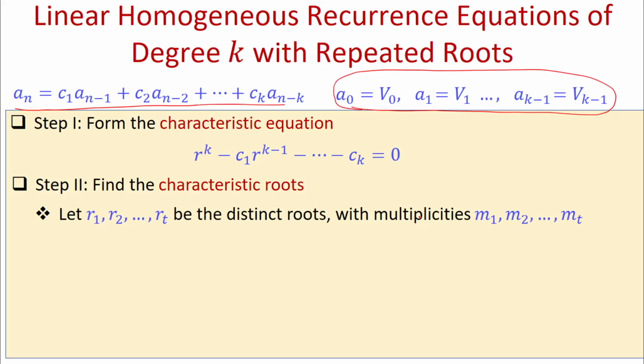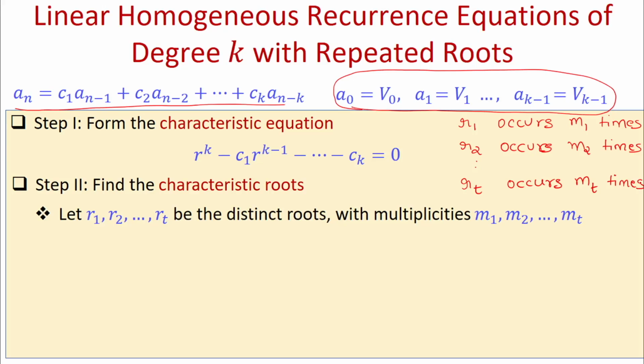And they occur with multiplicities M1 to MT respectively. That means the root R1 occurs M1 times, the root R2 occurs M2 times, and like that the root RT occurs MT times.